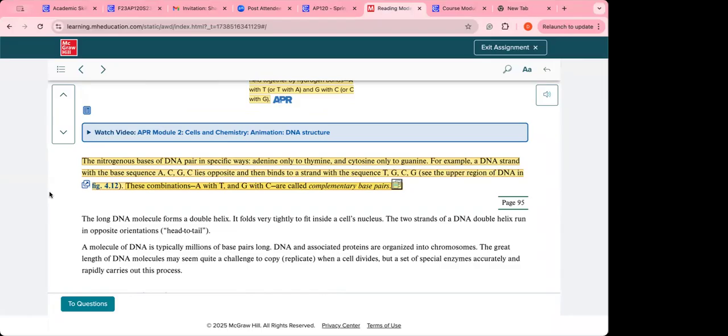The base pair. Well, let's see. These combinations are complementary base pairs. Let's see what the question says.